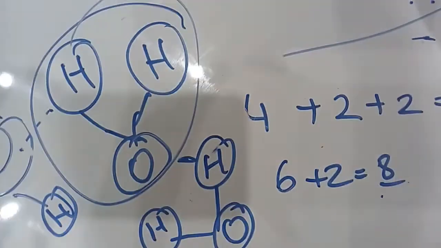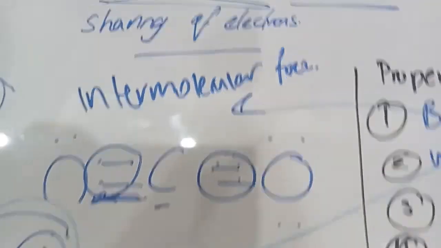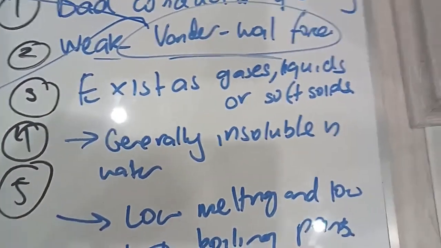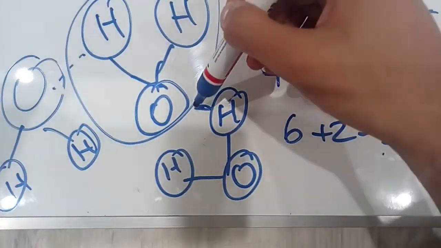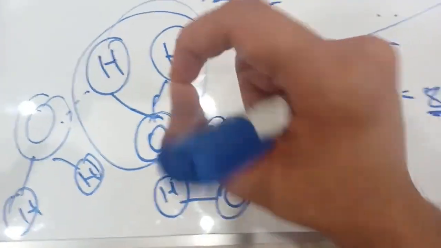So you could call this an intermolecular force of attraction. And covalent bonds have a very weak intermolecular force of attraction. So although these are attracted, it's very, very weak.